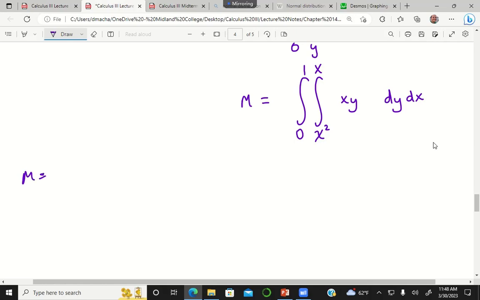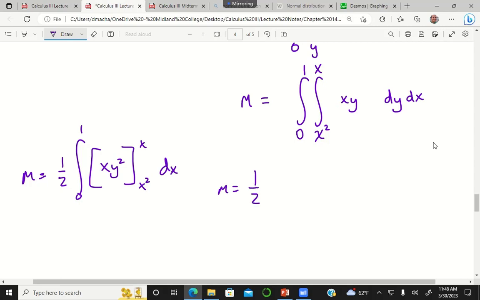So integrating with respect to y gives me a 1/2, 0 to 1, x y squared, x dx. So 1/2, 0 to 1 of x cubed minus x to the 5th.